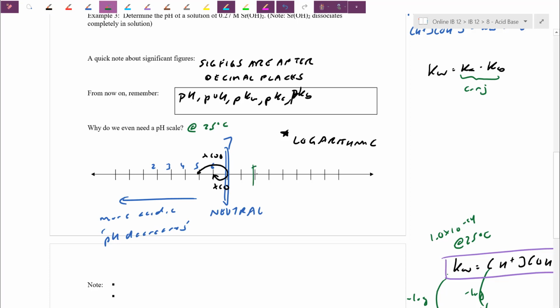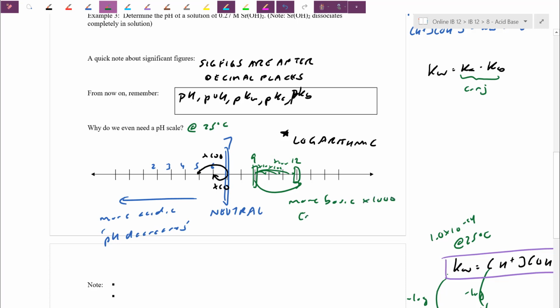Let's just do different numbers. How does a pH 9 solution compare to a pH 12 solution? Going from here, we know we're actually going to be more basic. Every step is 10, so times 10 times 100 times 1,000. So we can say more basic times 1,000.